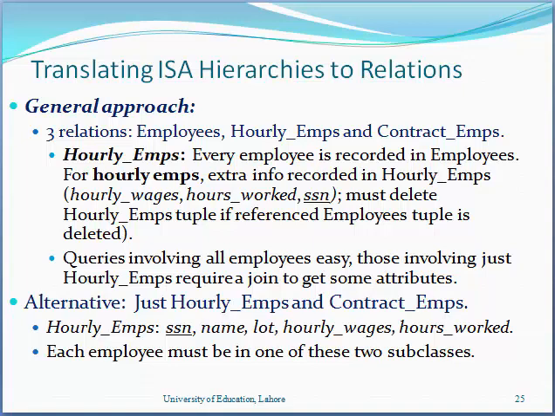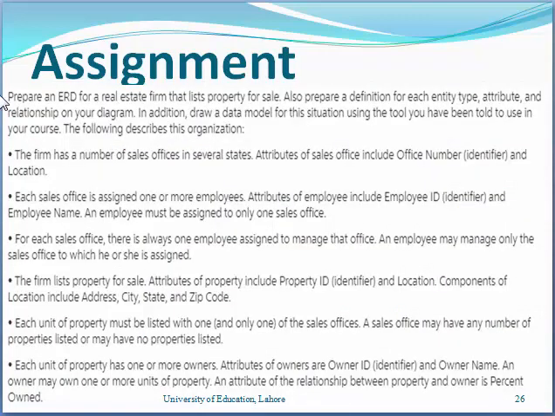Students, after studying all these topics, as I mentioned the assignment, you have seen all these things very well. First, entities and their attributes and their relations and types of relations, many types of relations and many types of attributes and the types of entities. You have seen their hierarchy too. I have assigned you an assignment on a project like a management project. You have to prepare an ER diagram for a real estate firm that lists property for sale. These are the key terms for making this project.